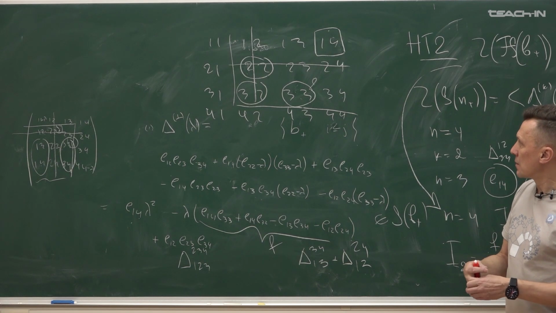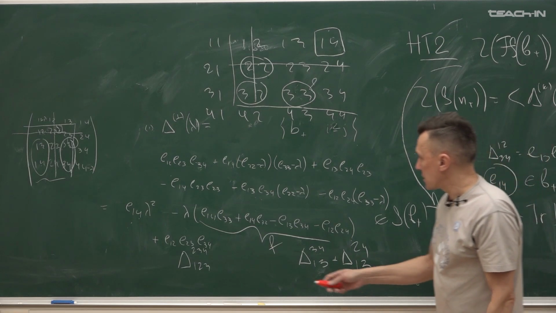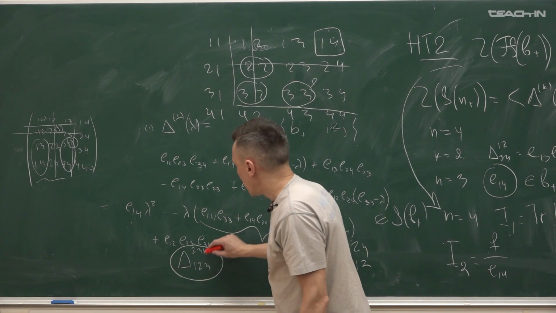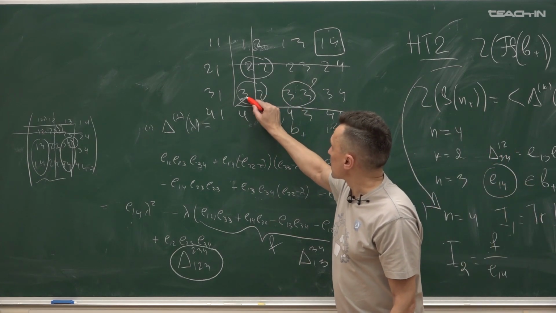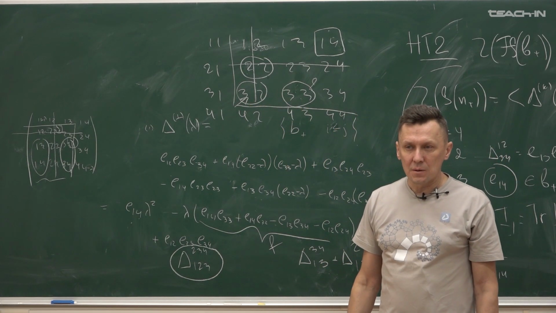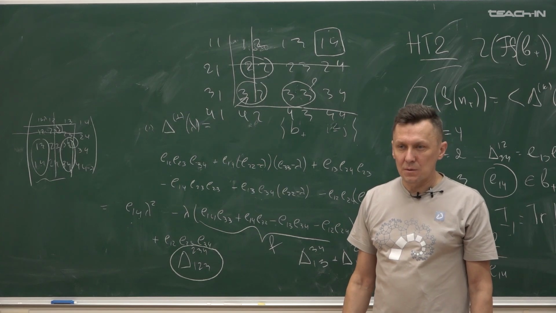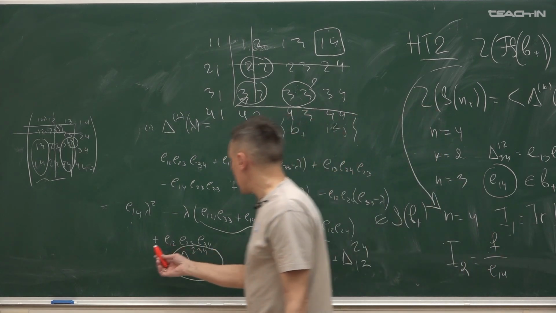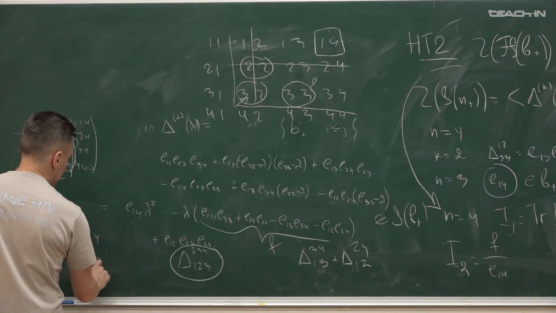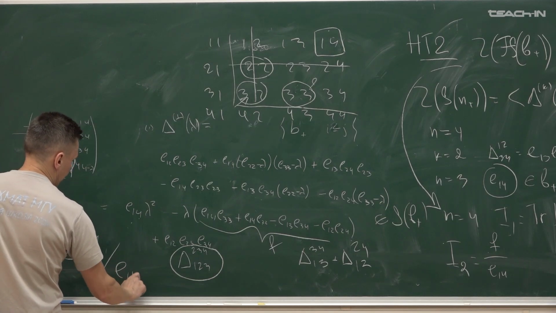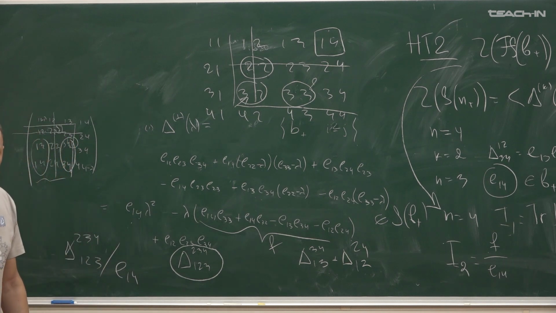So if you consider this element, it is not in B plus. It has these coefficients. The ratio is also invariant. So delta 2, 3, 4, 1, 2, 3 divided by E1, 4 is also invariant.